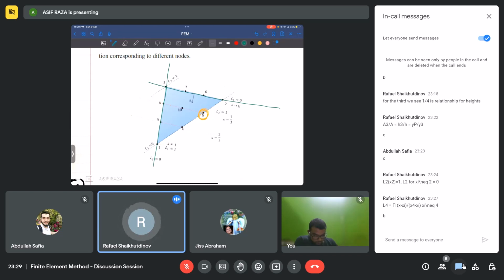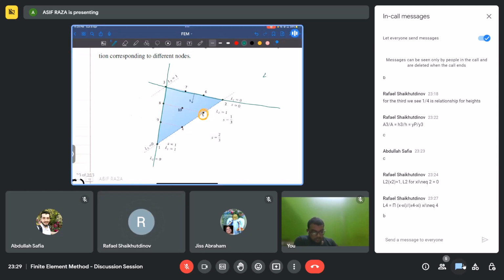To obtain the correct answer, we need to use the line L1 equal to 2/3. That will be equal to this.